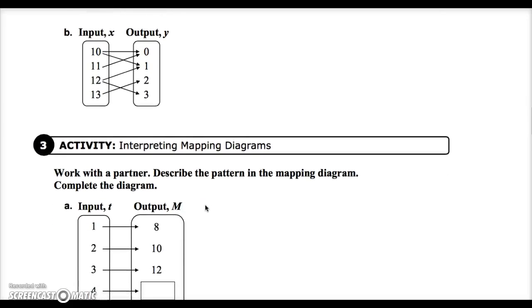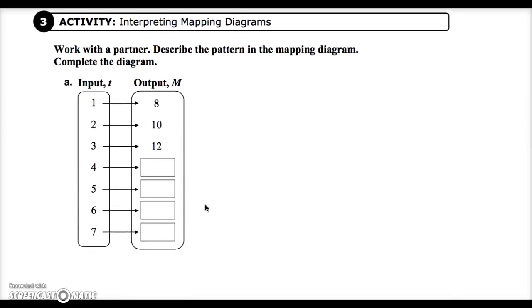Okay, then moving on to activity 3. It says describe the pattern in the mapping diagram and complete the pattern. So if you look at the input column, notice each one goes up by 1. In the output column, the 3 that they've given me, I notice a pattern that they're adding 2 every time. So I can very easily complete this table.